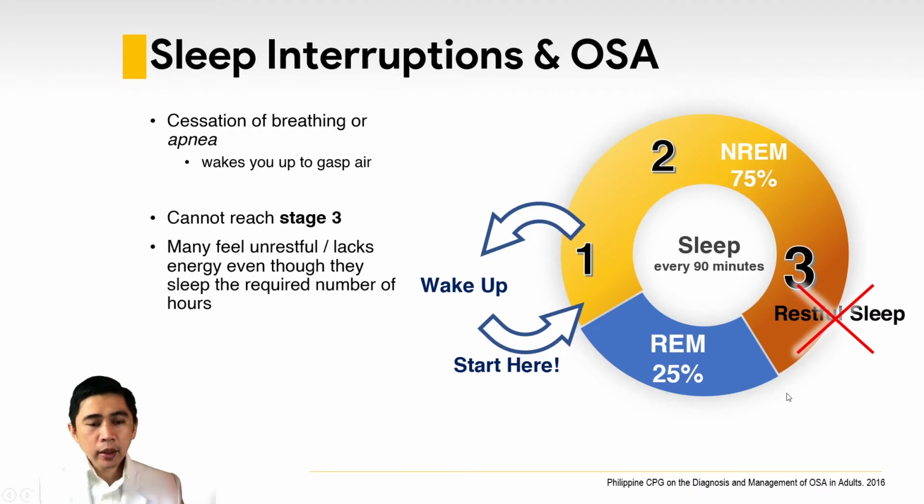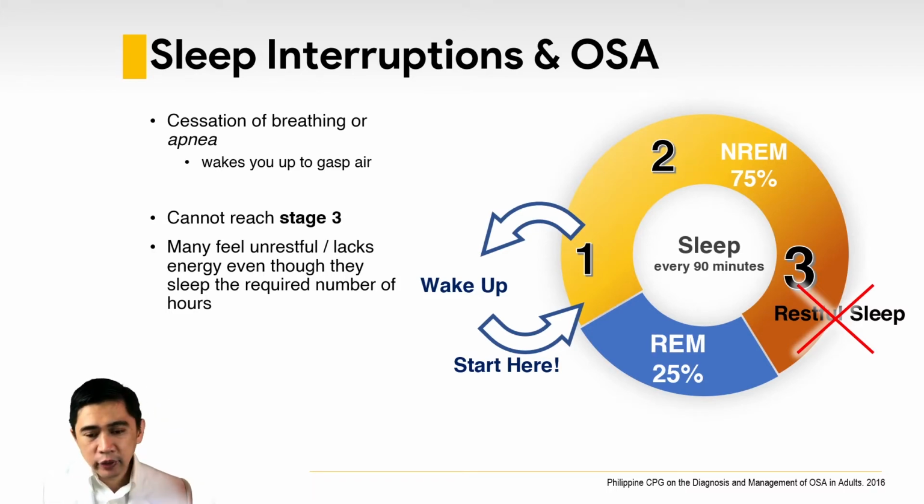So many persons feel unrestful or lack energy even though they sleep the required number of hours. So it's more of the quality of sleep rather than the number of hours that you sleep.